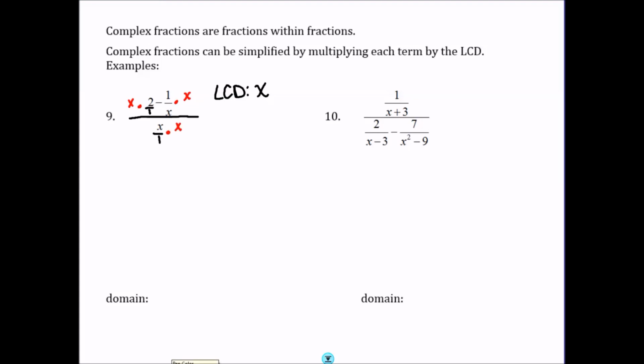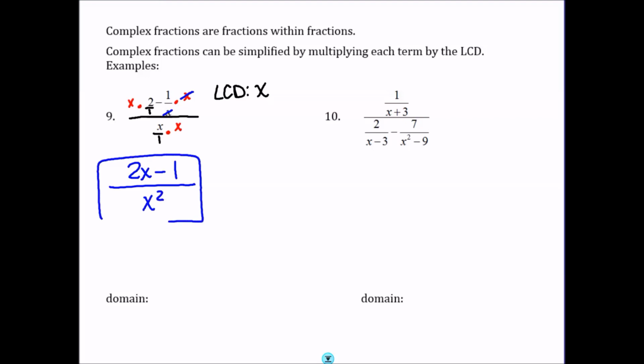This will allow me to cancel out the x in the denominator of 1 over x with that x that I just multiplied by. So now I have x times 2 over 1, or just x times 2, which is 2x, minus, and in this term the x's have canceled out, so I just have minus 1, over x minus 1 times x, which is just x squared.